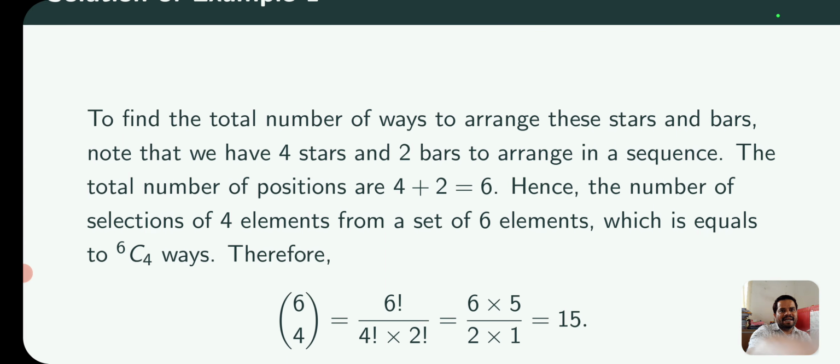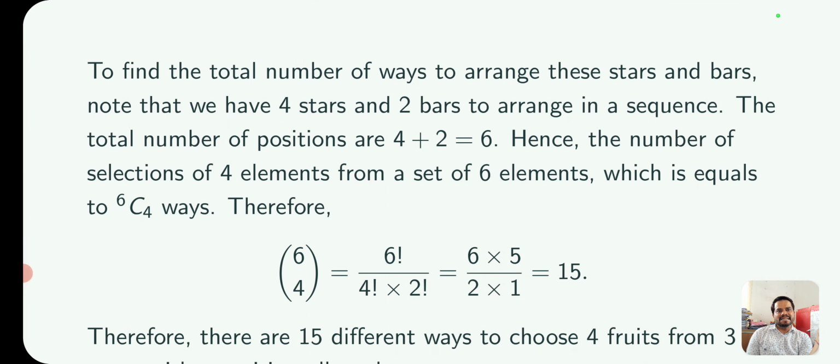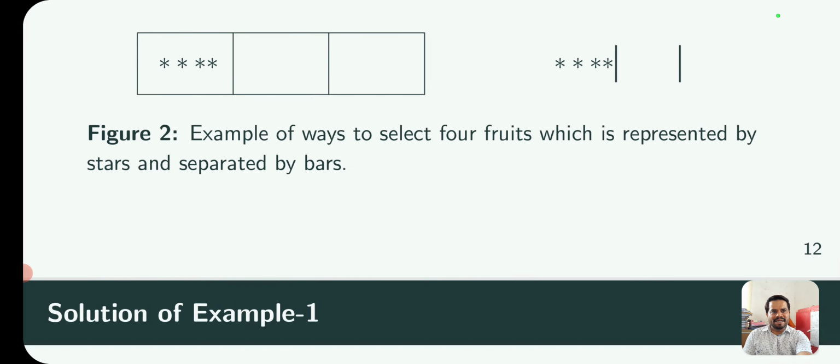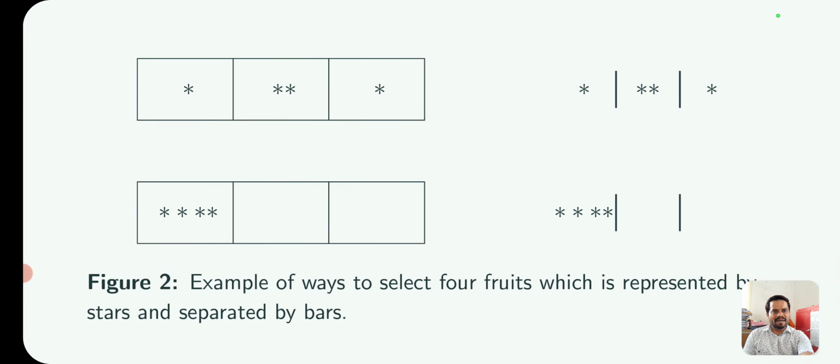So see, to find the total number of ways to arrange these stars and bars, you have 4 stars and 2 bars to arrange in a sequence. So the total number of positions is 4 plus 2, which equals 6. Just arrange it, and look here in this figure. So the arrangement is here 6 times. This is 1, 2, 3, 4, 5 and 6. Yes.